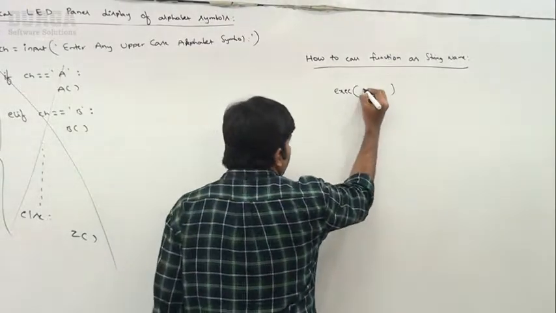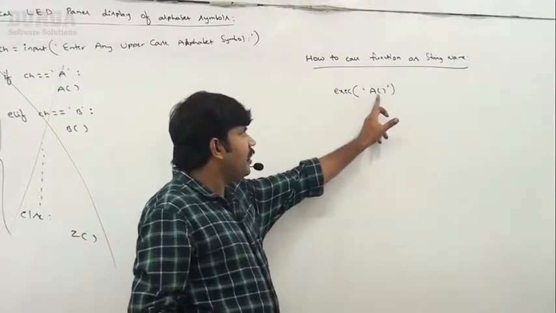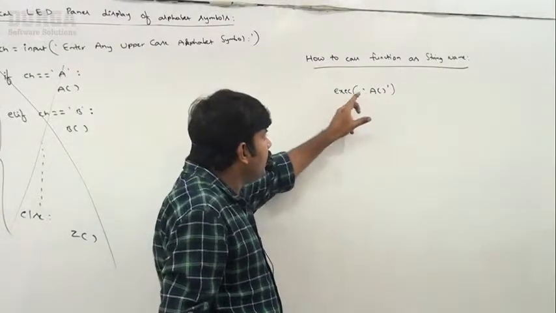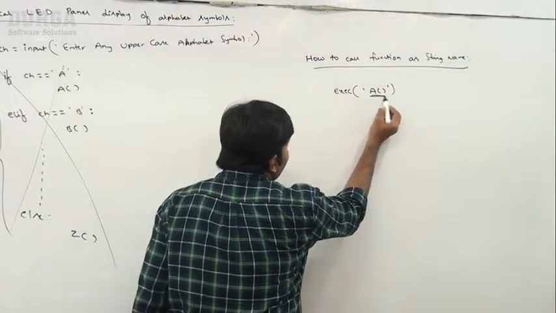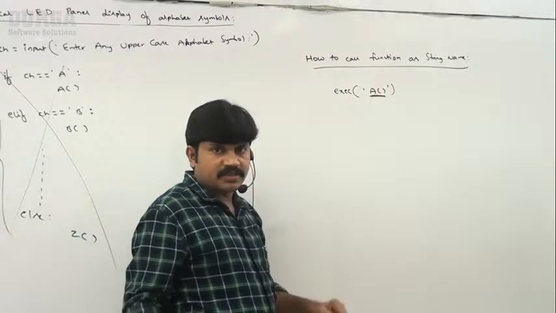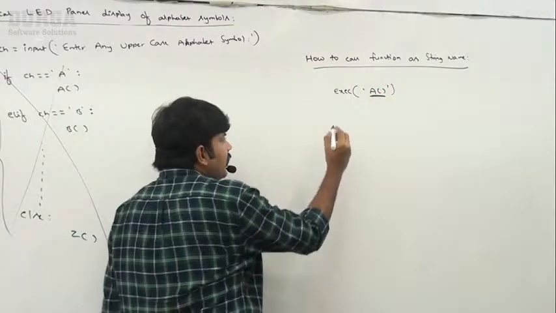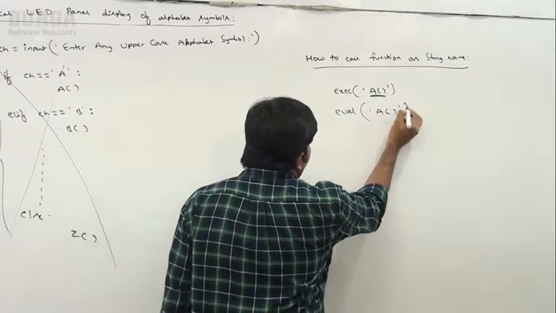Now in that you have to pass which function you are calling. For example, the a function: now it will execute the a function. Here the function call we are providing in string format, sir. This is one way. Or instead of that, we can also use eval like this.